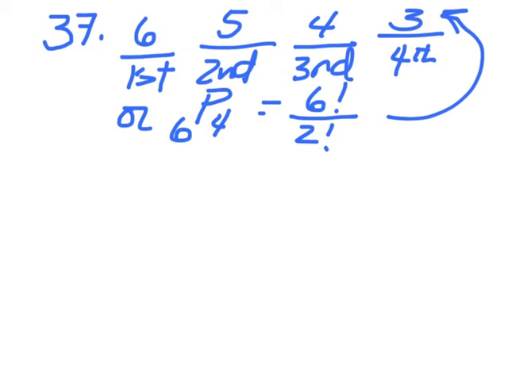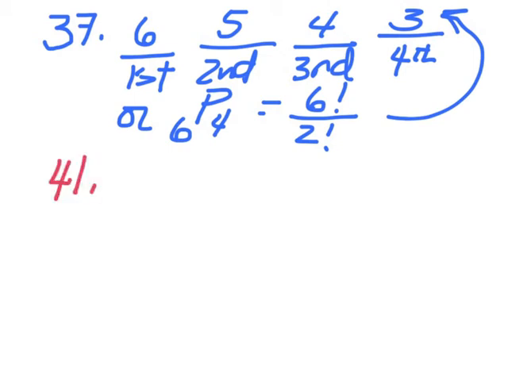Or if I wish, I could have looked at this as a permutation of 6, choose 4 at a time. Simplified, that'd be 6 factorial over 2 factorial, which is just 6 times 5 times 4 times 3. So 37 was a permutation.